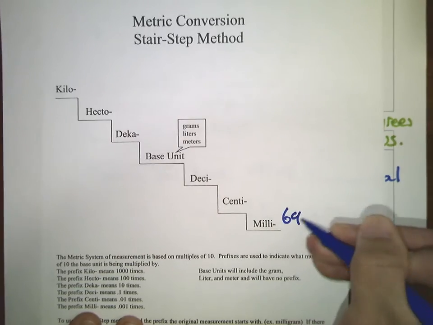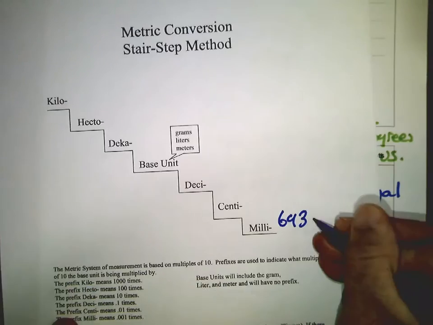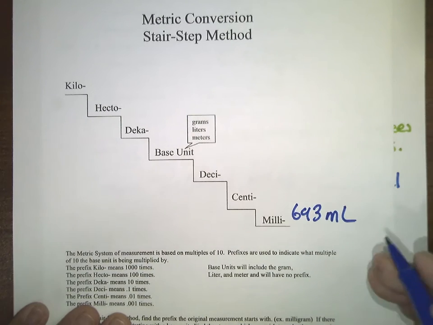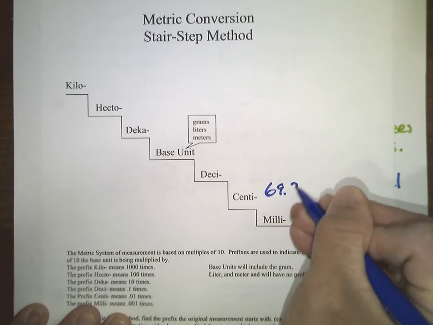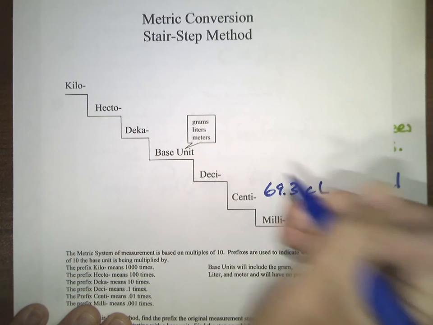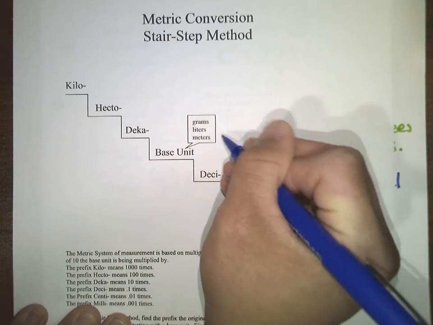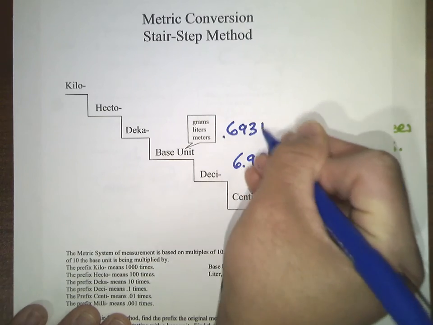I'll convert it first to liters. So that will be 69.3 centiliters, then 6.93 deciliters, and then 0.693 liters.